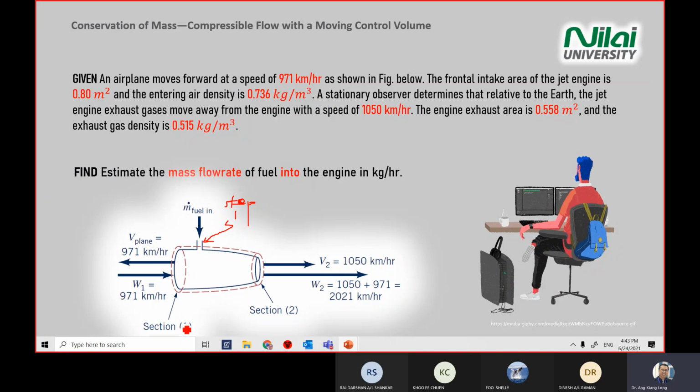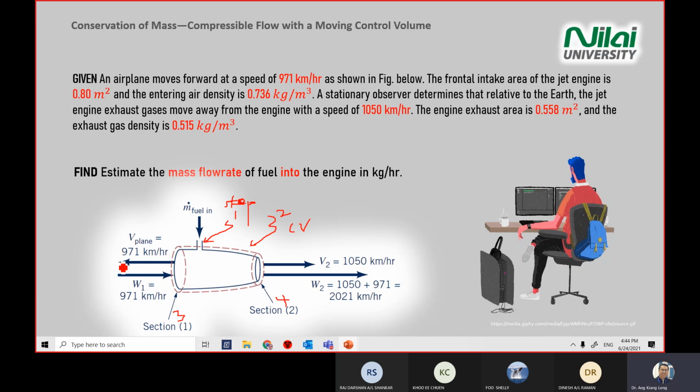You label section 1, section 2. Step number 2, draw your control volume with a red dot or dash line. Then step 3, label your inlet, outlet. Then you fill in all the information given in the question.